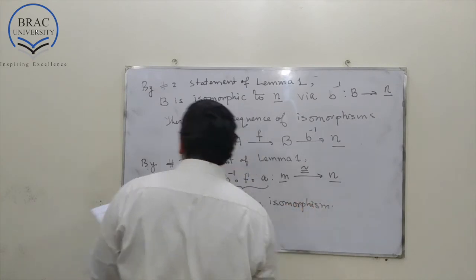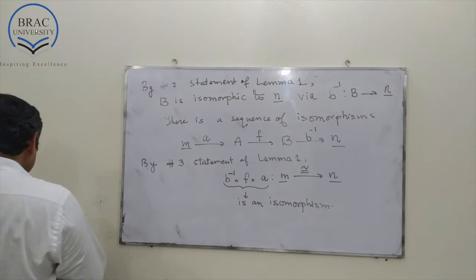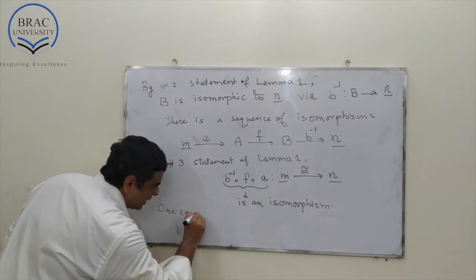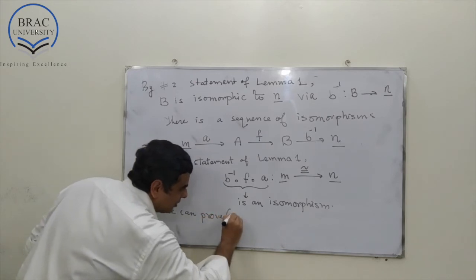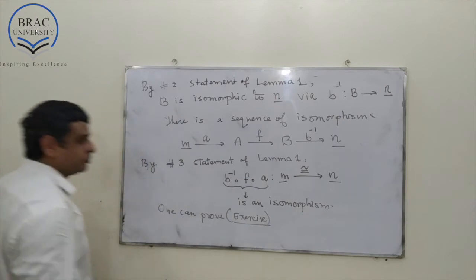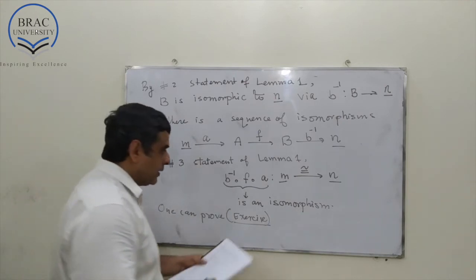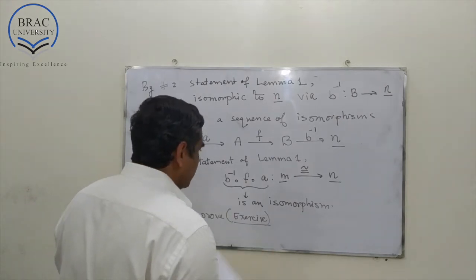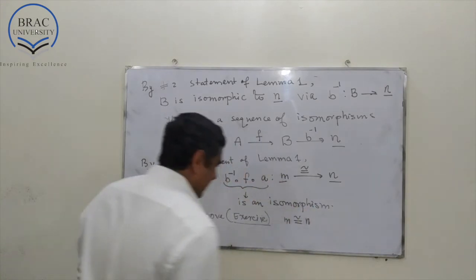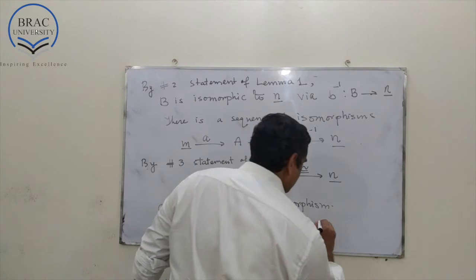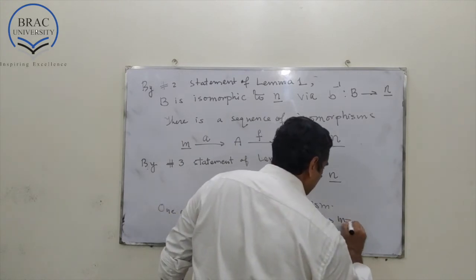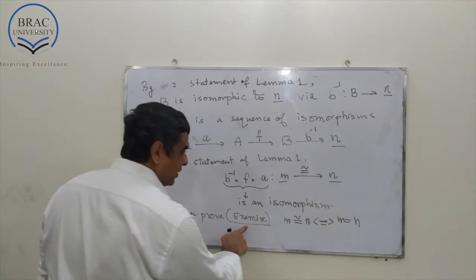Now I give you the last exercise for today's class. One can prove, this is an exercise for you to prove that M is isomorphic to N is equivalent to the statement that M is equal to N. I leave it as an exercise.